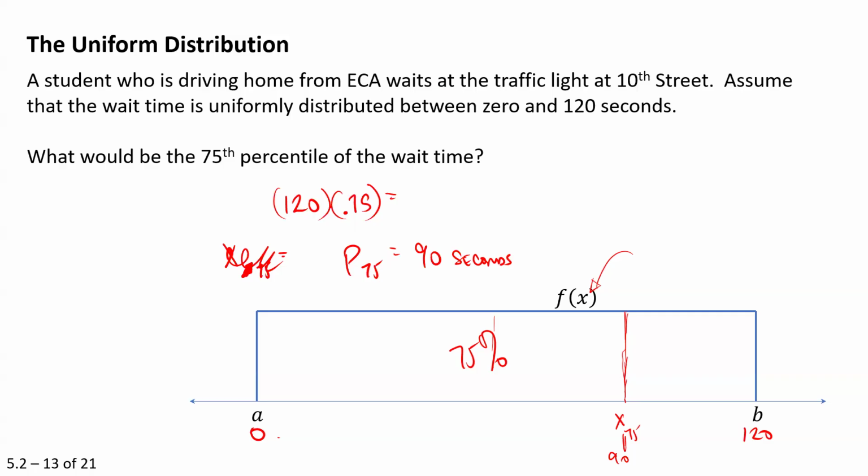And how did we figure that out? So if I'm given a different percentile, just P, how would I figure that out?